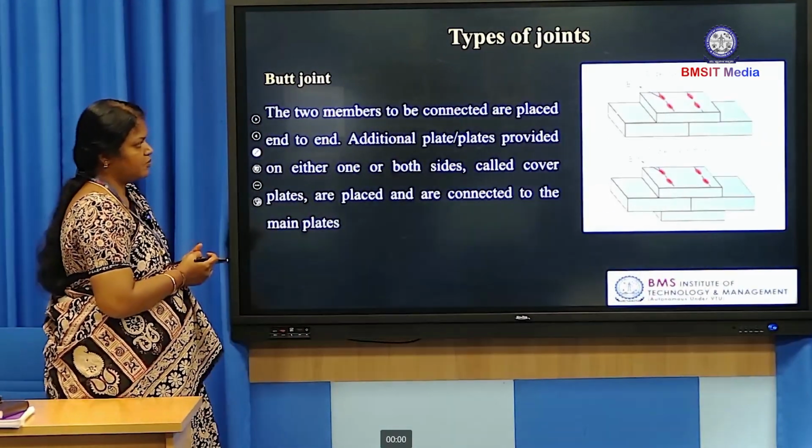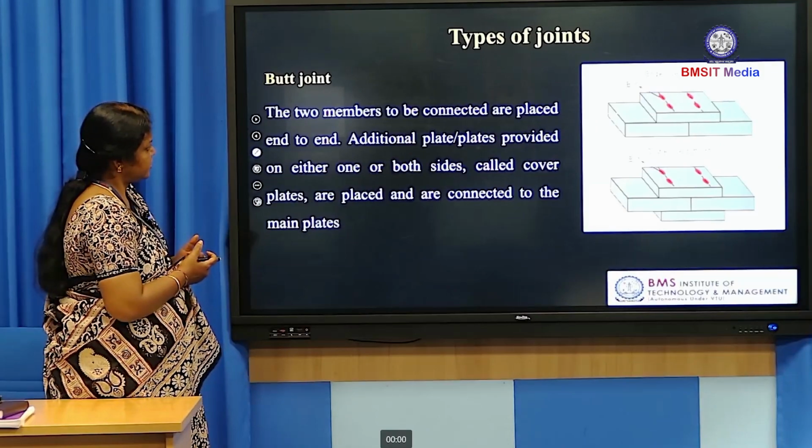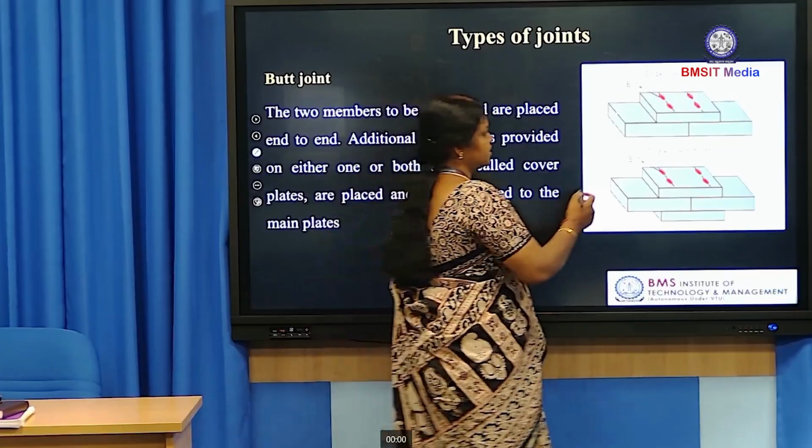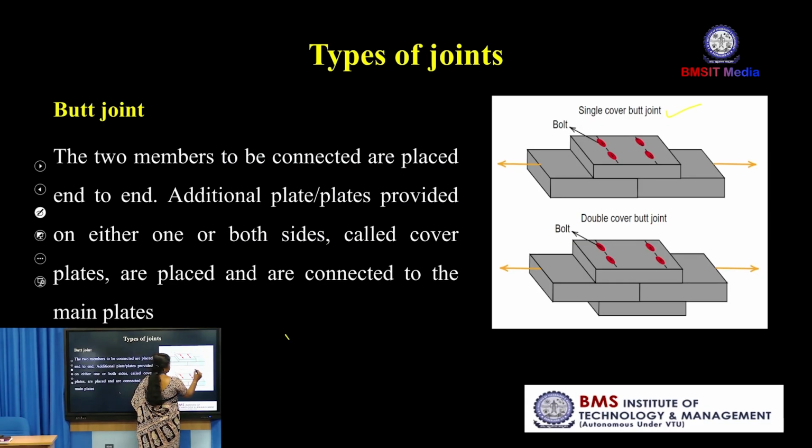Next, coming to the butt joint. Butt joint is classified into two types. One is single cover butt joint, the other is double cover butt joint. First we should know what a butt joint is. Two members, these two main members to be connected, are placed end to end.